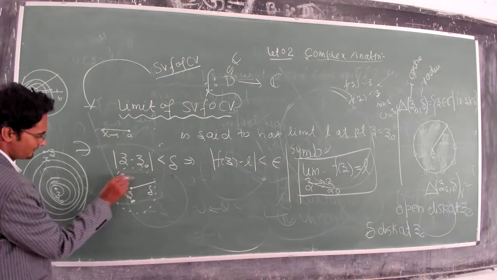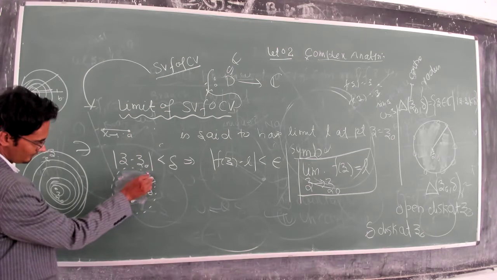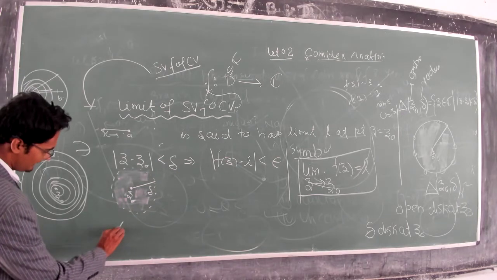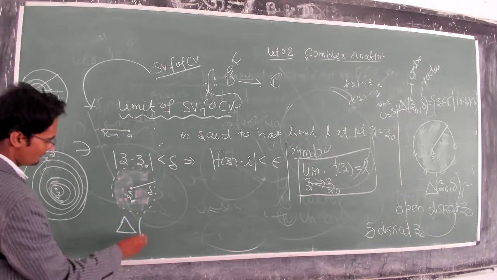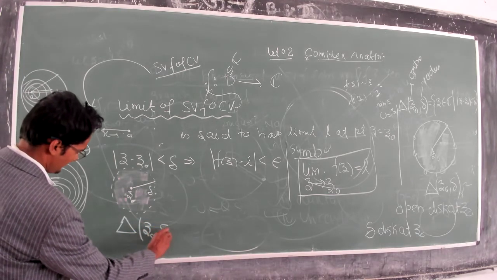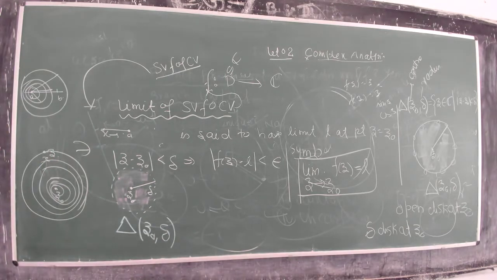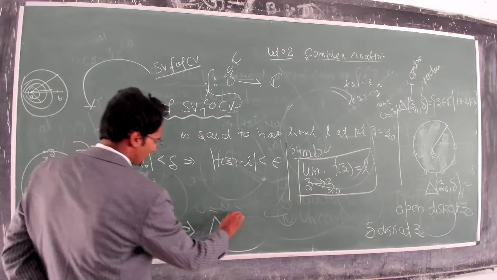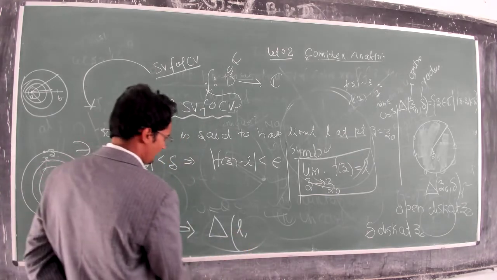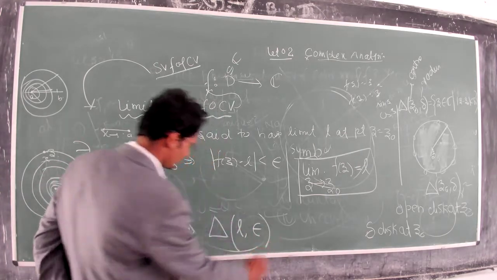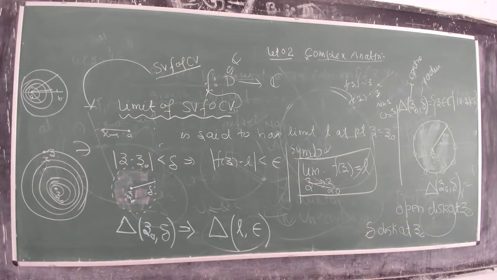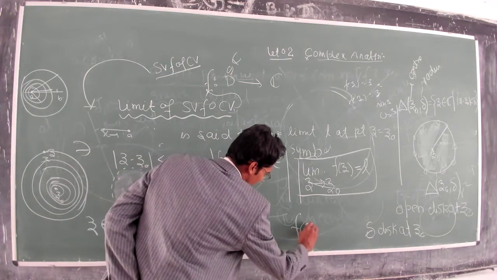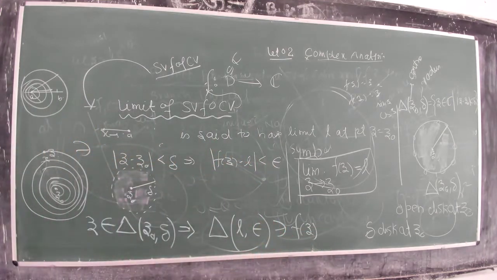So this part mathematically I can write as a disk at z naught with radius delta implies a disk at L with radius epsilon, so z belongs to here, then your f of z belongs to here.